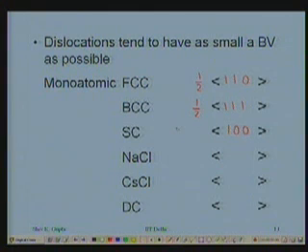Similarly in simple cubic, the magnitude is 1 here. And sodium chloride, A by 2, it is the minimum distance between a cation and an anion, right, but that's not correct. If I do that, what would happen, make a part plane, what would happen is, below the part plane, ions of the same sign will come together and there will be a very strong repulsion between them.